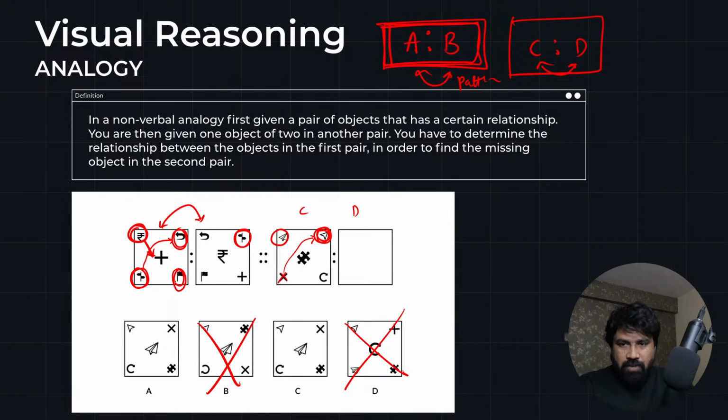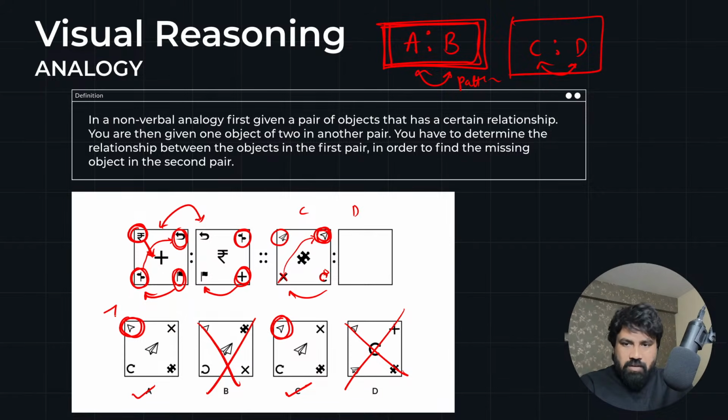Next, the flag is shifted to the left hand side. So the plus will be shifted to the left hand side. Sorry, the flag is shifted to the left hand side, right? So this reset arrow will go to the left hand side. So C and D both are having the same. What is the difference between C and A? Okay, if you carefully observe, the arrow indication is different.